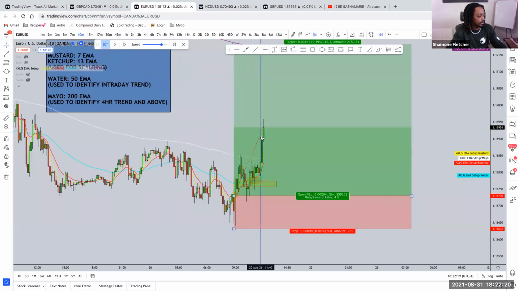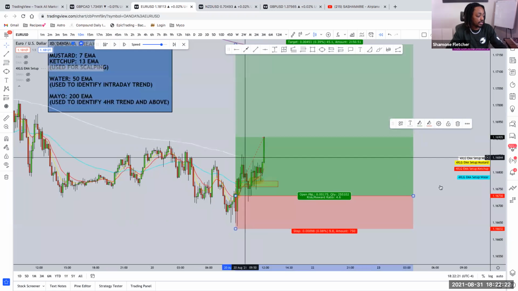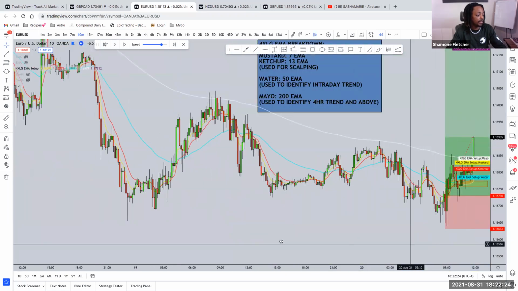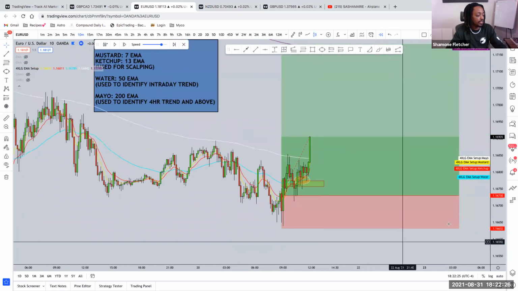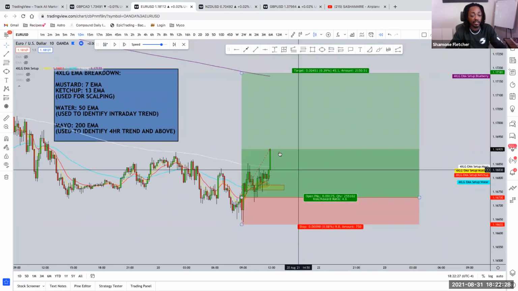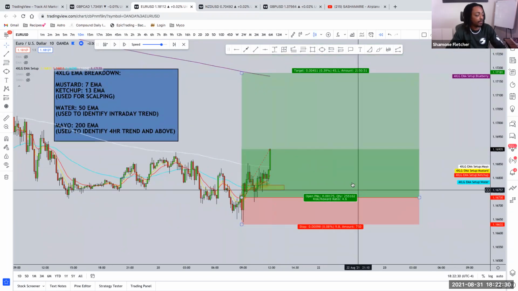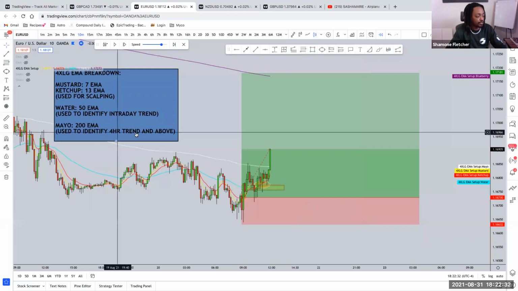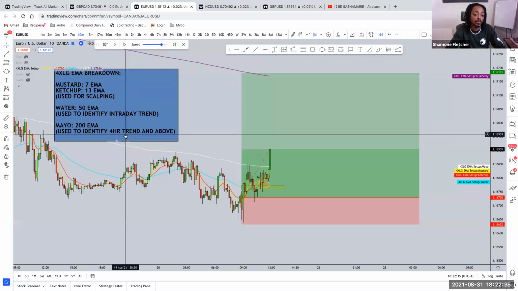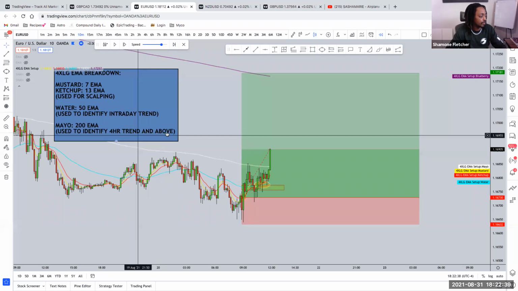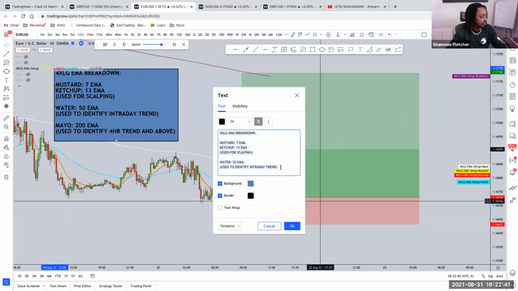So let's see here. Once this candle closes above mayonnaise, you can then enter the trade again. Knowing what the 4 hour trend is though, this is going to be your first swing entry. I'm going to add that to the notes.